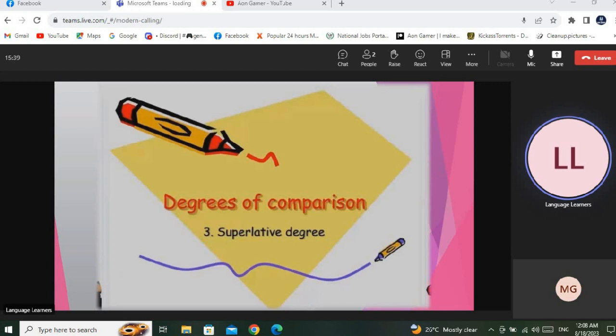So let's come back to the slide. Superlative degree is used when we are comparing more than two people or things. For example, just imagine there is a class of 30 and there is only one CR. CR means class representative. There is only one monitor.